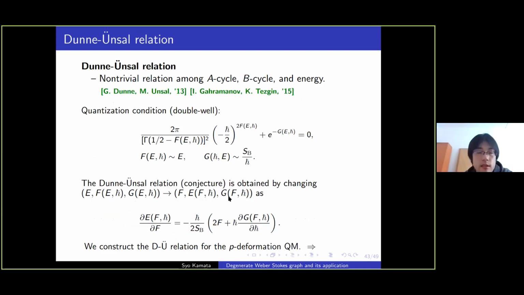And it is known that we can get this kind of relation in the double well, but now this is a conjecture. But in the case of W, it has this kind of form. Okay, then let us consider our case, the P-deformed quantum mechanical system.